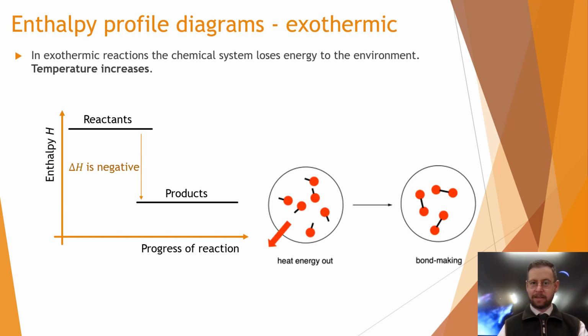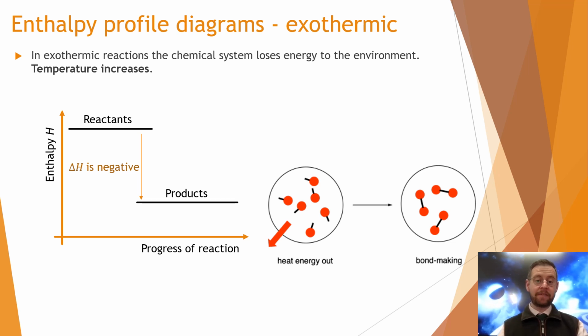At GCSE, you would have seen diagrams like this, but did you know? These are called enthalpy profile diagrams, and this is an example of an exothermic one. So on these diagrams, we draw the enthalpy on the y-axis and the progress of the reaction on the x-axis, akin to time, I suppose. Now for this exothermic reaction, the reactants have got more enthalpy than the products.